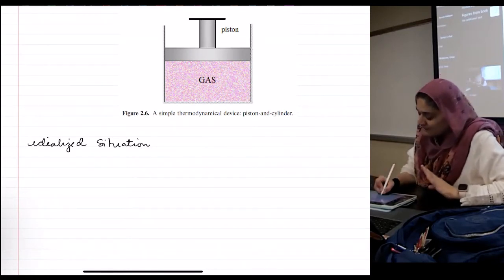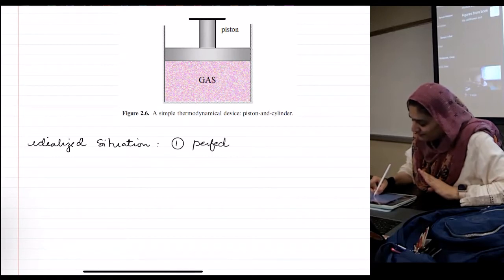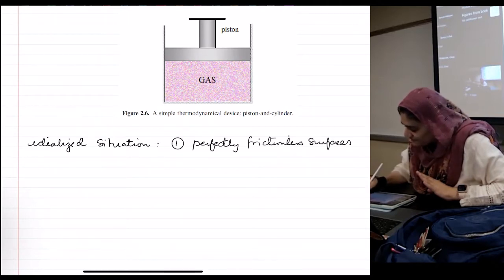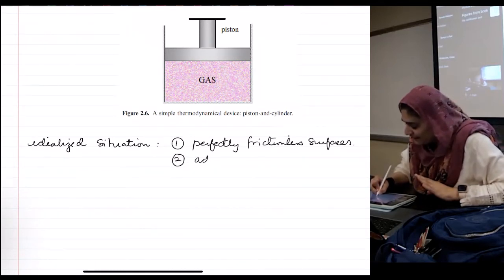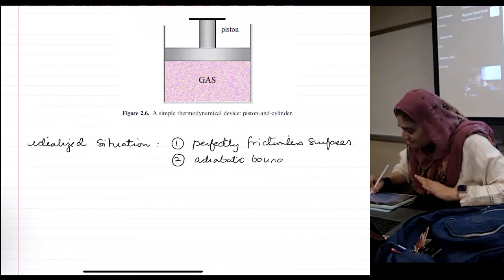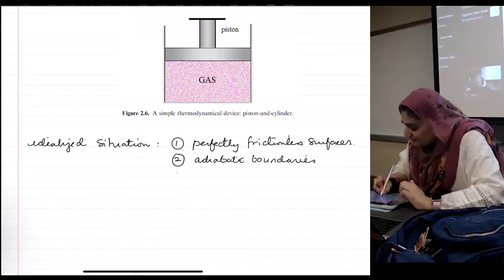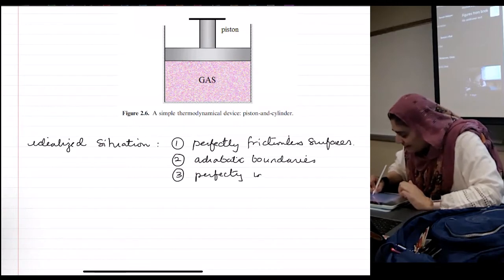So the idealized situation includes: one, perfectly frictionless surfaces; two, completely adiabatic boundaries; number three, perfectly insulating material.